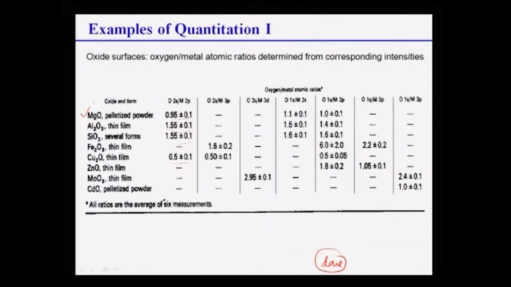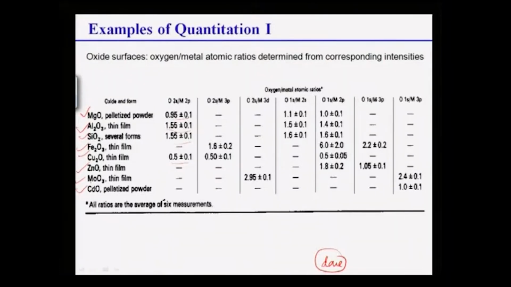As you know, 10% is the approximate error in these quantifications. Oxygen 1s divided by magnesium 2s is about 1.1 plus minus 0.1. Similarly, oxygen 1s divided by metal 2p is 1 plus minus 0.1, and we can keep on doing this for aluminum oxide, Al2O3 thin film, silicon dioxide, Fe2O3, Cu2O, zinc oxide, molybdenum trioxide and cadmium oxide.